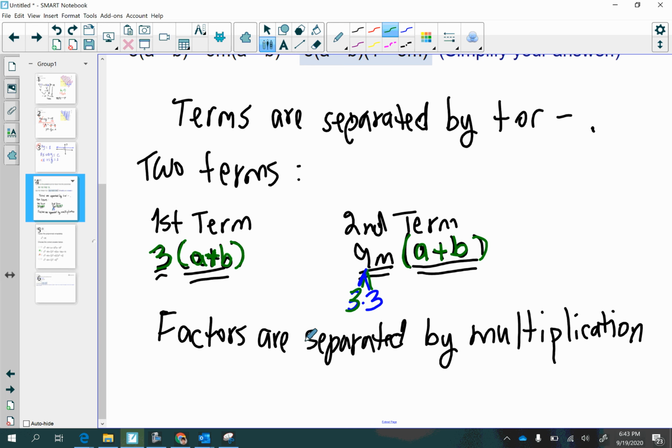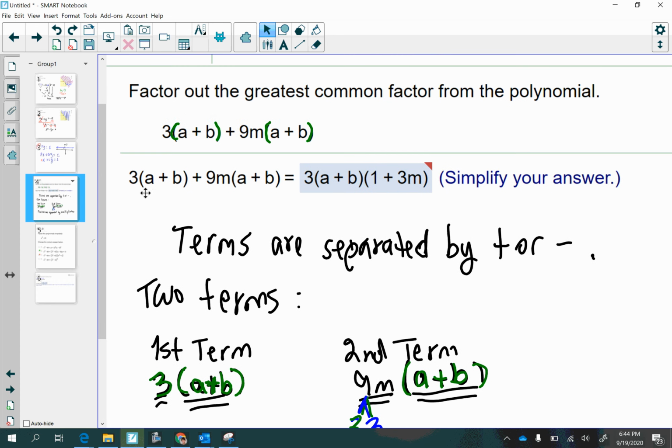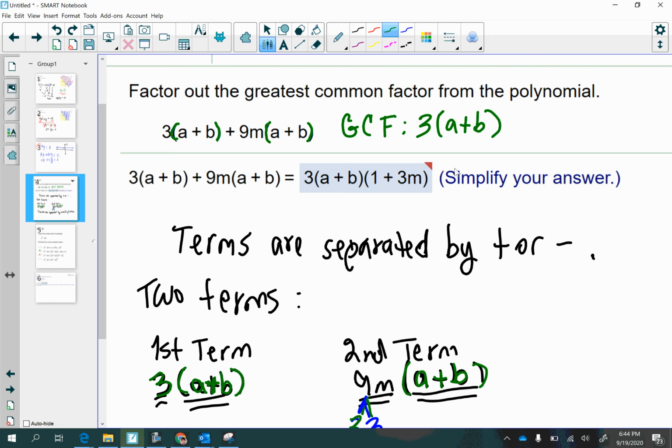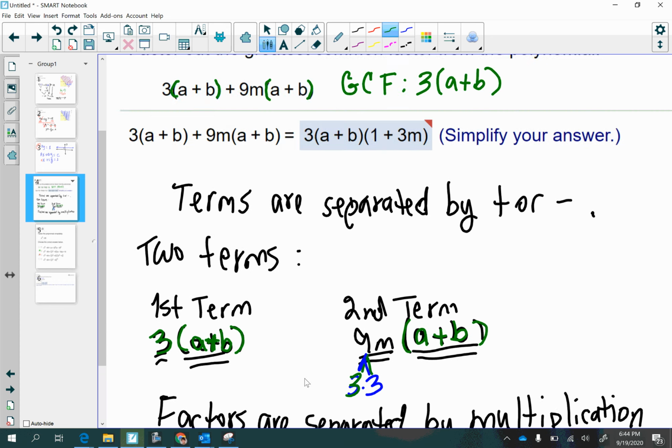Okay, so starting back at the original, we had all this, right? And so we can take out the common factor. The GCF is going to be 3 times a plus b. And when we factor that out, what will we be left with?